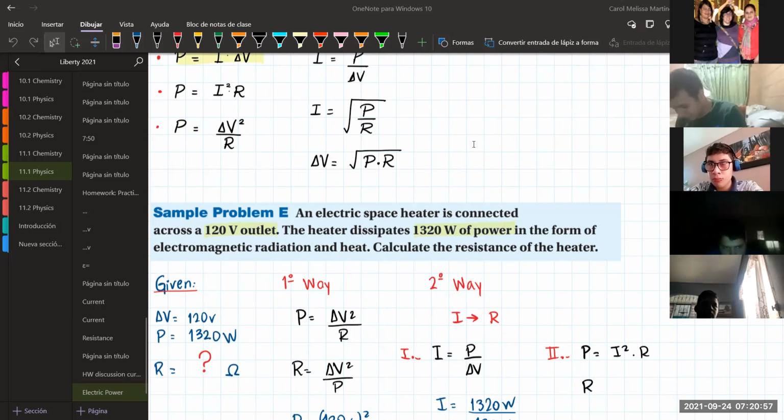So the isolation of resistance is going to be equal to power divided by current to the second power.